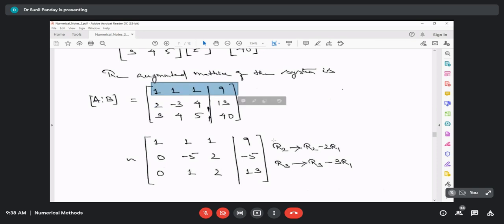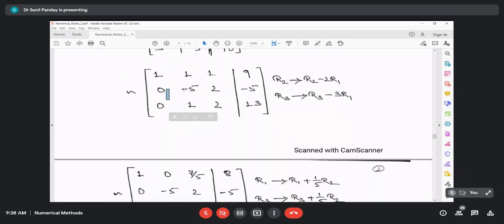Like you can see here, R2 goes to R2 minus 2 R1, and R3 goes to R3 minus 3 R1. If you follow this standard procedure, using the row R1, you easily get this 0 here.